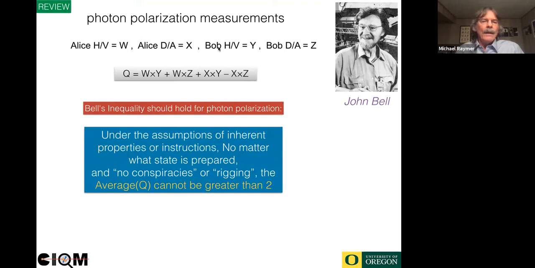But under any definition of Bob and Alice's polarization measurements, no matter how they define their schemes, if you take these classical assumptions to be valid, the average of Q cannot be greater than 2.